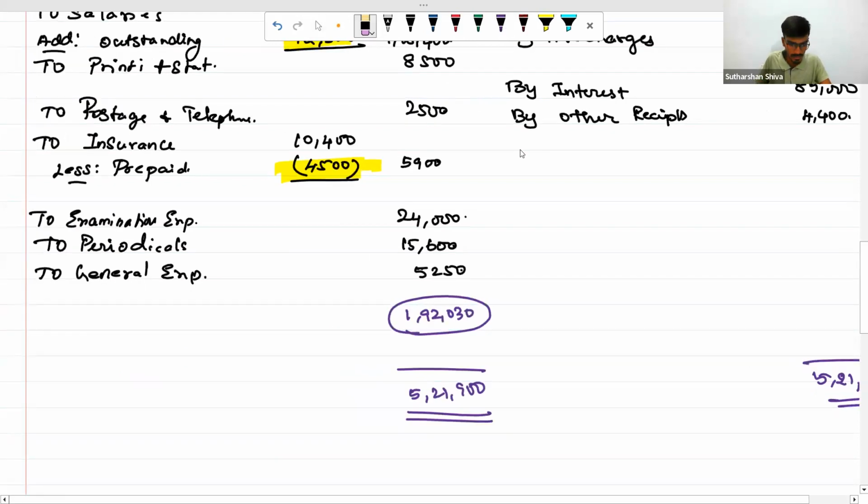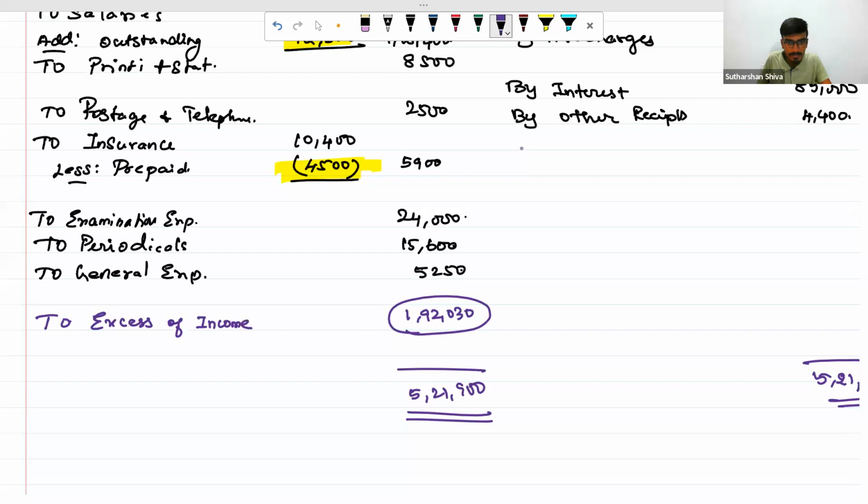Correct? Yes, good. Next, here we will write in brackets. First, it's an important point, kindly note down. We will write excess of income over expenditure, and then in brackets we will write surplus. Don't write surplus directly.